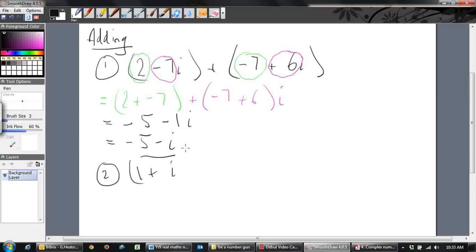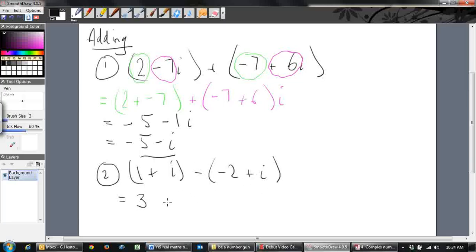What happens if we subtract two complex numbers? Let's have a look at this. Again, do it part by part. Let's do the real parts first. 1 minus negative 2 is 1 plus 2, so that's 3. Let's look at the imaginary parts.